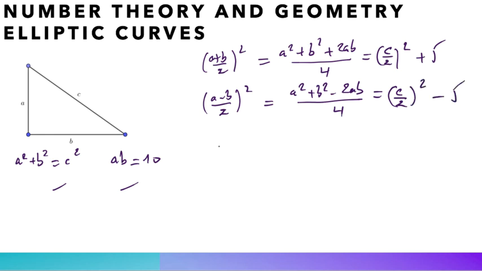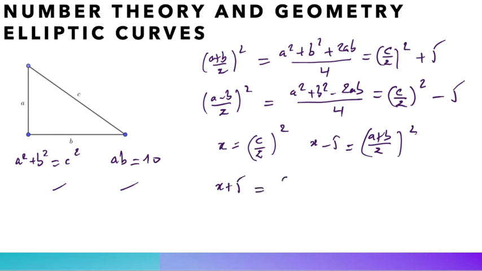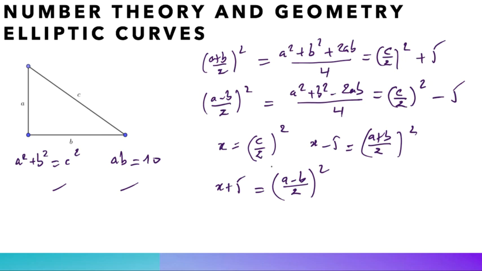Now if you set x equal to (c divided by 2) all squared, one gets that x minus 5 is equal to ((a plus b) divided by 2) all squared, and x plus 5 is equal to ((a minus b) divided by 2) all squared. Notice here that x minus 5 and x plus 5 are squares of rational numbers.